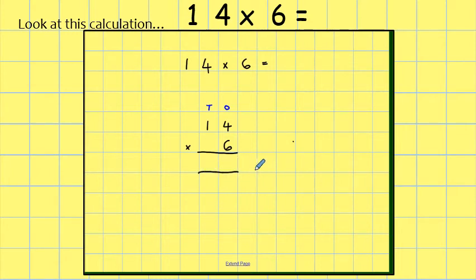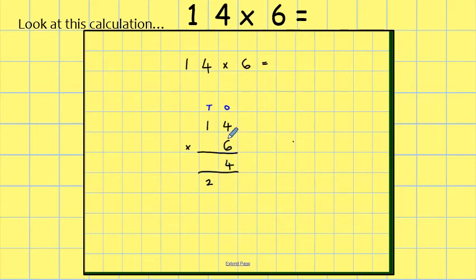I need to put my equal sign in there, of course. 6 times 4 is 24. So we put the 4 in the ones column, and that 2 we carry into the tens column. So 4, 6 times is 24.